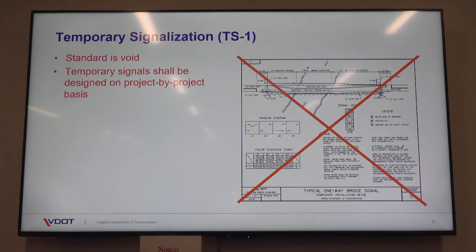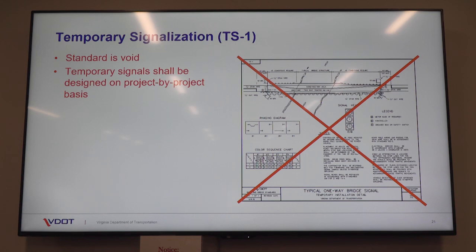Also want to note that the TS1 standard, which was for a typical one-way bridge signal, is now void. Temporary traffic signals should be designed on a case-by-case basis, and the signal designer should keep in mind pole relocation for specific phasing during construction, and ensure adequate right-of-way is available, especially if you're going to have guy wires that are parallel to span wires.